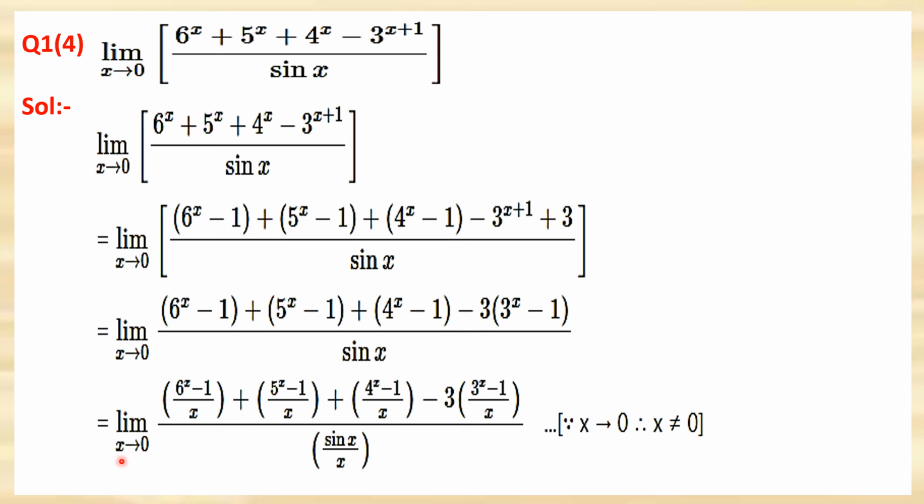So limit x tends to 0, 6 raised to x minus 1 by x, that is by adjusting, like dividing both numerator and denominator by x, then it is balanced. So 6 raised to x minus 1 upon x plus 5 raised to x minus 1 upon x plus 4 raised to x minus 1 upon x minus 3 into 3 raised to x minus 1 upon x, divided by sin x by x.